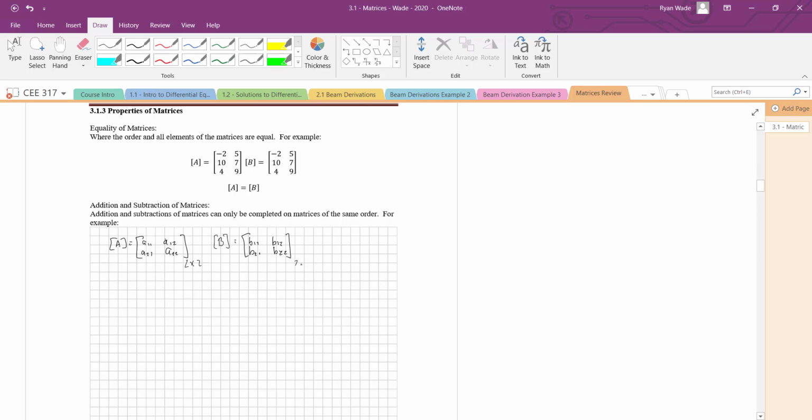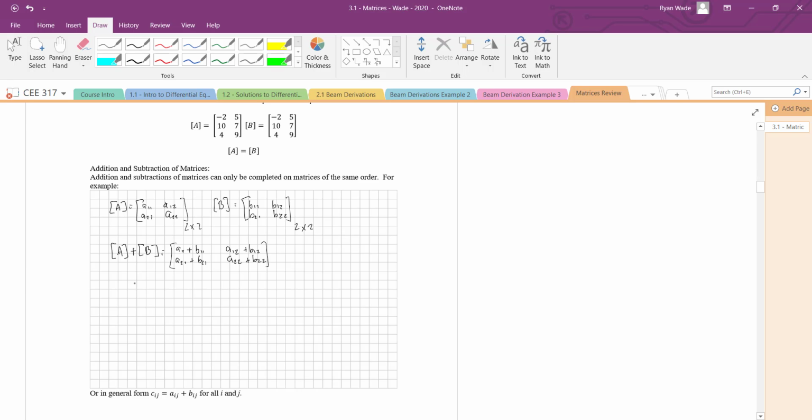So that's a 2x2, that's a 2x2. If I don't have the same type of matrix, then I can't add or subtract them. And when we're adding A plus B, this is pretty straightforward. This one's a lot easier than multiplication. The entries are going to equal A11 plus B11, A12 plus B12, A21 plus B21, and A22 plus B22. So really, it's relatively straightforward.